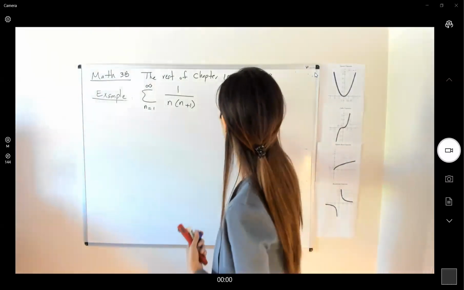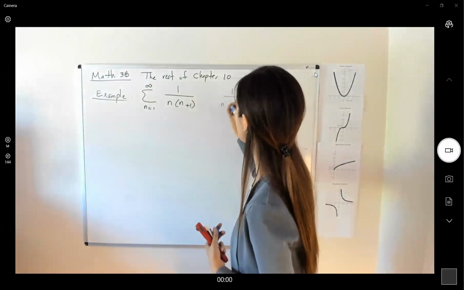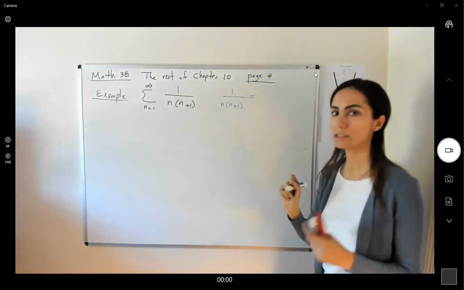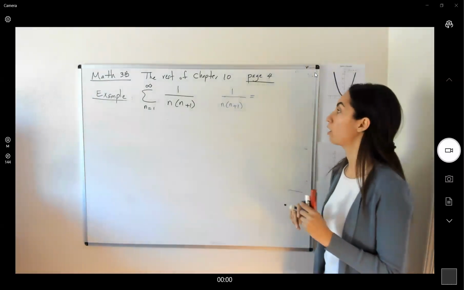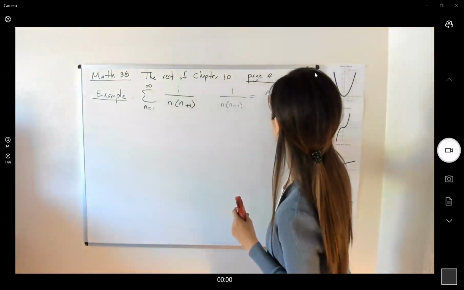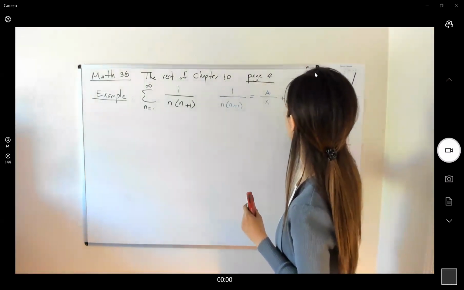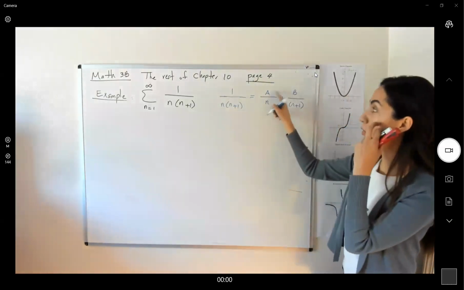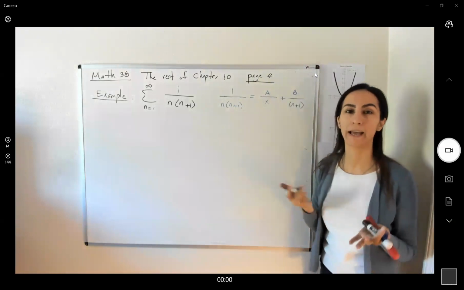So 1 over n times n plus 1 is equal to, let us use the decomposition of fractions and write it as a over n plus b over n plus 1. Our goal is to find a and b.